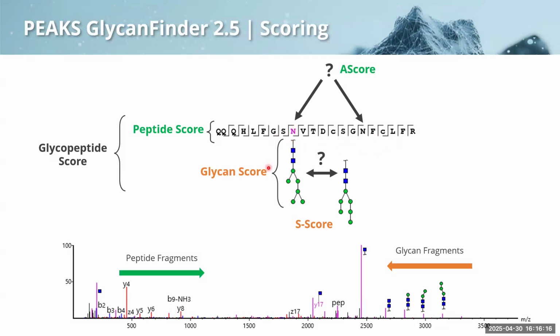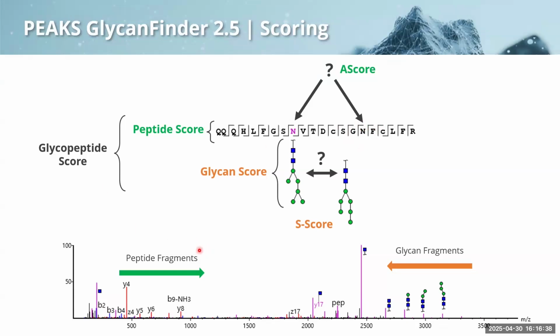In addition to that, we have the A score, which we call an ambiguity score. And that is telling you how confident we are that we assigned the glycan to the correct site. So there are some cases, for example, in this little picture here, there's an asparagine residue that has the glycan attached, but it also potentially could have been on this one.